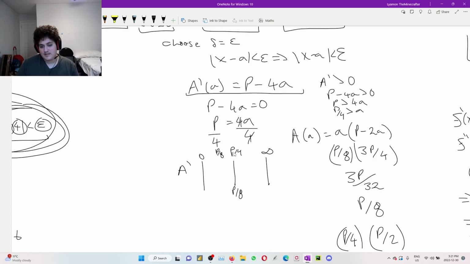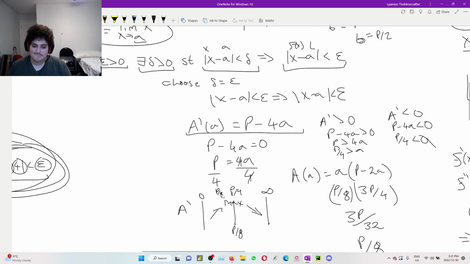So when A is less than P over 4, it's increasing. Then by the same steps, when A is greater than P over 4, it's decreasing, so clearly we have a maximum.